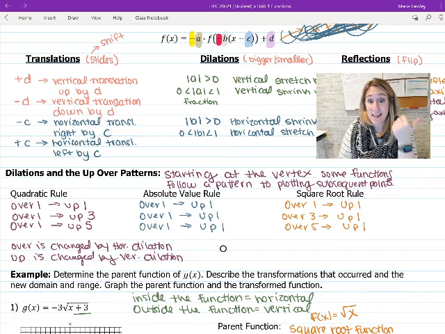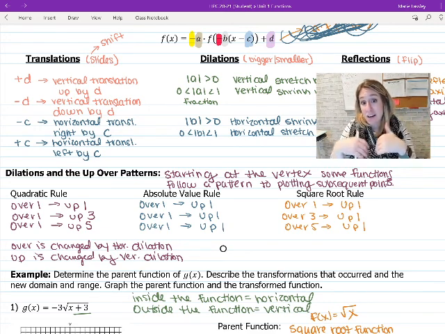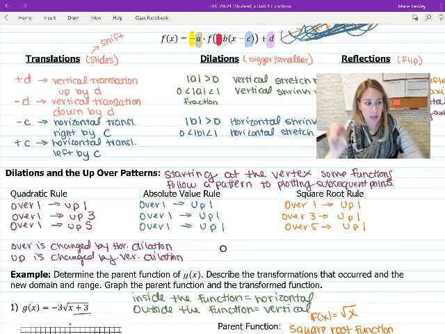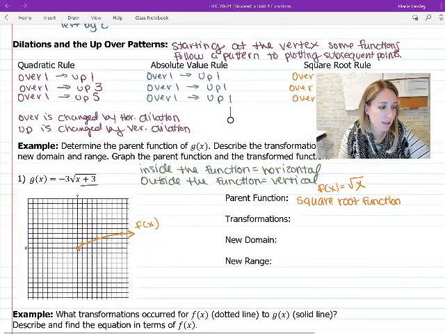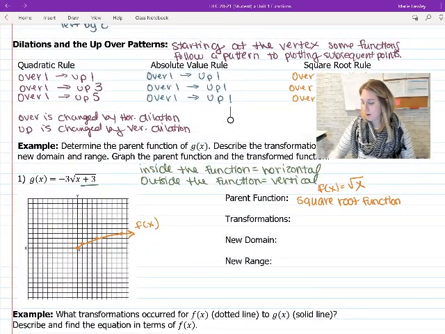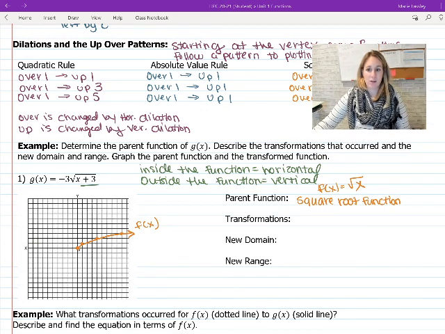So B and C both happen inside of f, and that's always the case. If it's a horizontal transformation, it's going to happen inside. If it's a vertical transformation, it's going to happen outside.